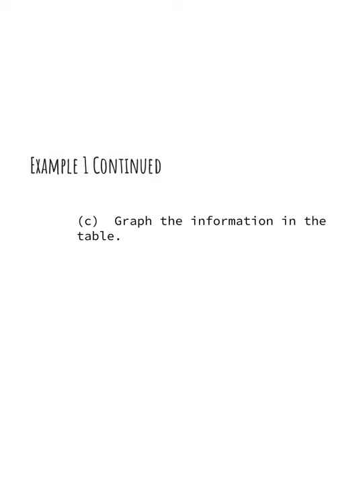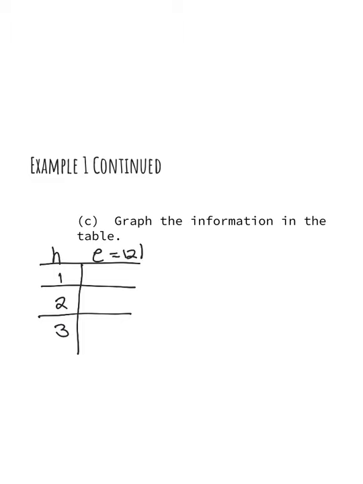Okay, part C of the question says, graph the information in the table. So the table once again had H for hours, E for earnings, and 1, 2, and 3, and E was 12 times H. So when he worked 1 hour, he earned $12.